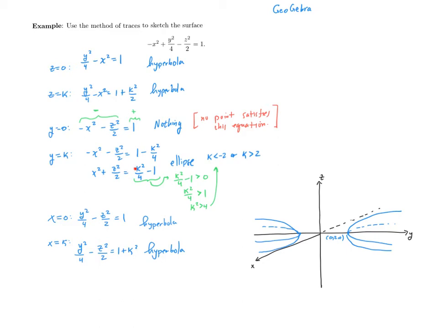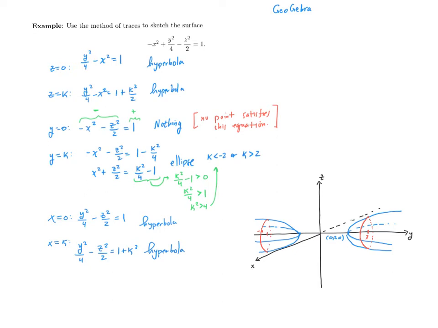But if we want to give it just a little bit more structure, we can also take care of one of these y equals k traces, as long as k is larger than 2 or smaller than -2. So for example, if I wanted to do the y equals 3 trace, it's going to be an ellipse that looks something like this. If it's y equals, let's say, -4, similarly here, we get an ellipse.